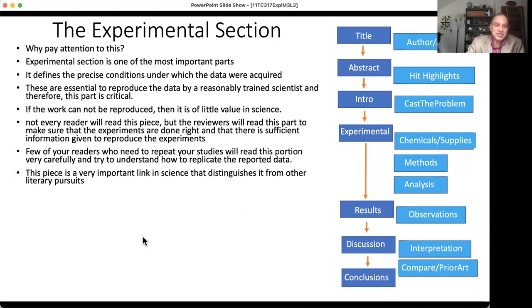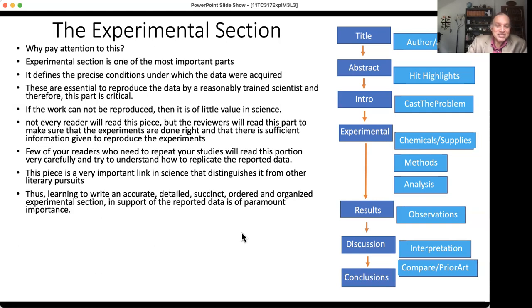What's going on here? Give me more detail. This piece is a very important link in science that distinguishes it from other literary pursuits, like poetry or something else, right? So it's a very, very important link in science, and you really have to pay a lot of attention to this stuff. Learning how to write an accurate, detailed, well-ordered, organized section is important.